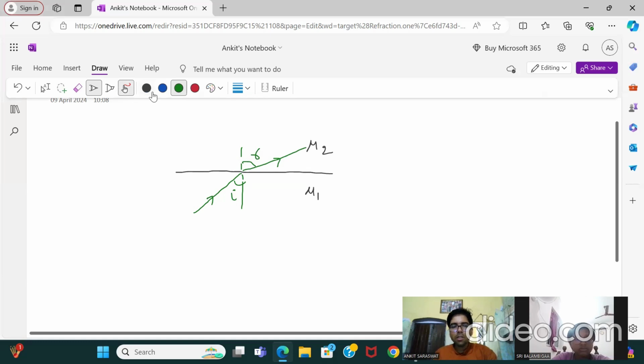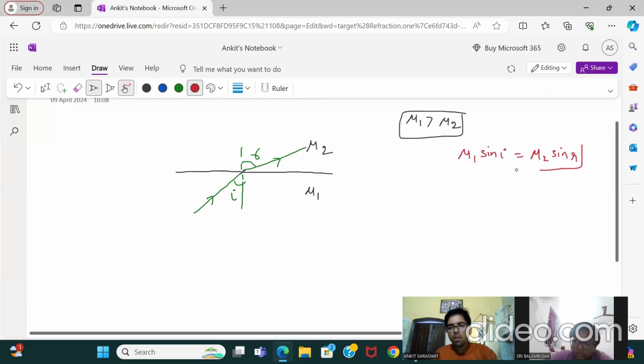Since mu1 is more than mu2, mu1 is dense, mu2 is rarer. If I ask you to apply Snell's law, then how are you writing? mu1 sin I equals mu2 sin R. This is the way you are writing Snell's law.